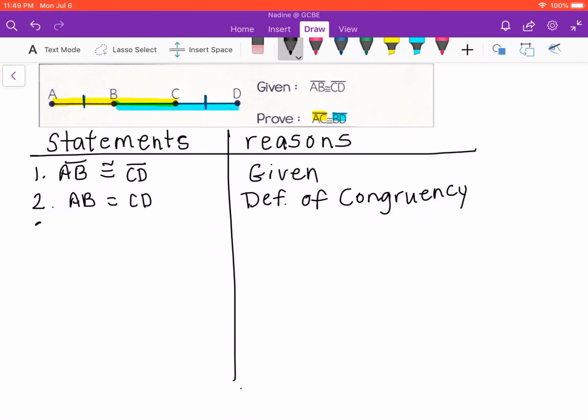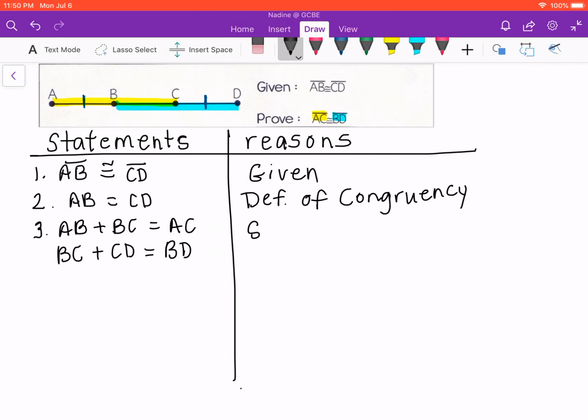So we can make the statement that AB plus BC is equal to AC, and we can also make a statement about segment BD using the segment addition postulate. This time BC plus CD is equal to BD.